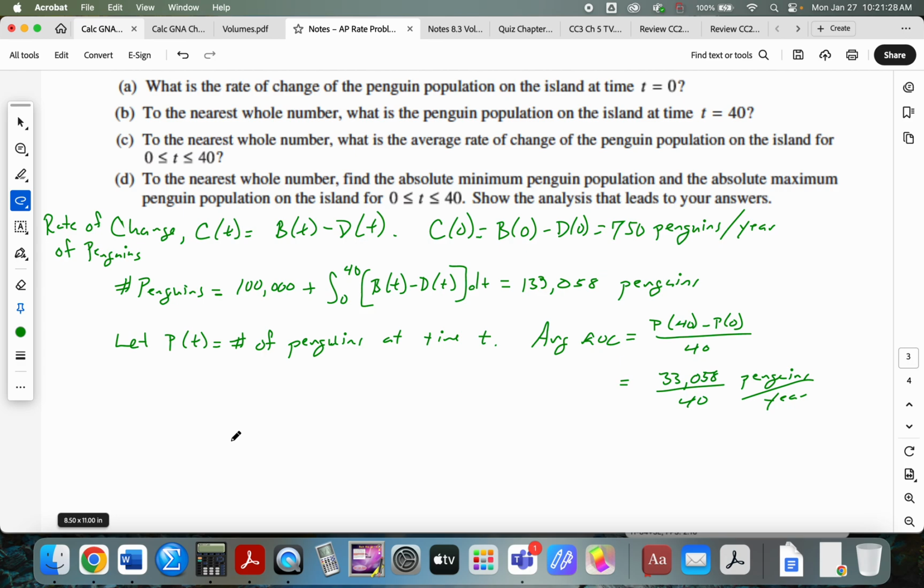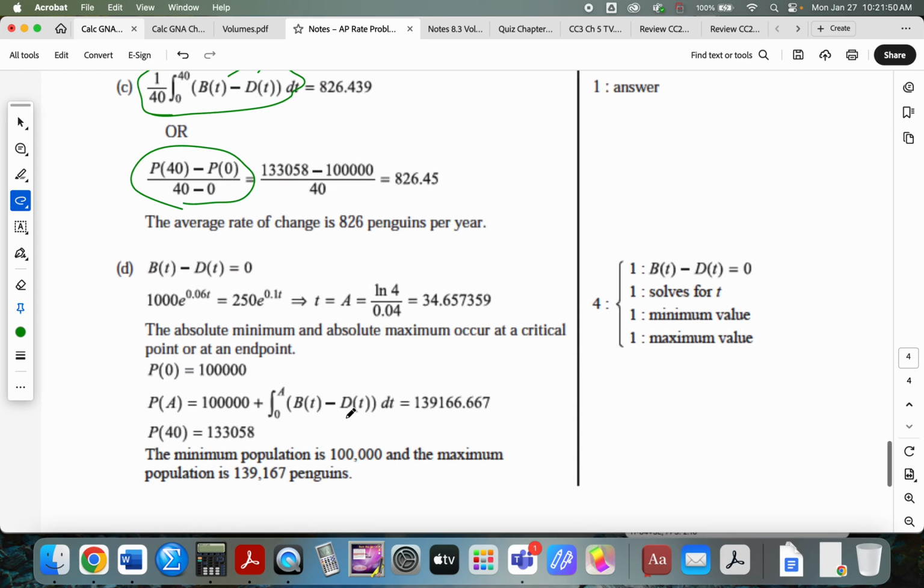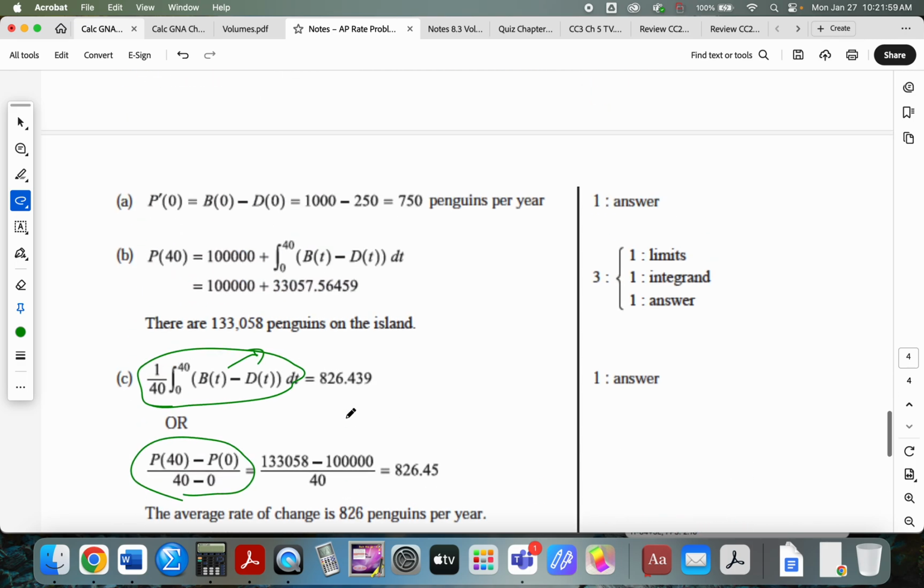So we just need to find a place where B of t minus D of t is equal to 0. So B of t minus D of t equal to 0 implies that t is equal to, again in the interest of time, 34.657 something.